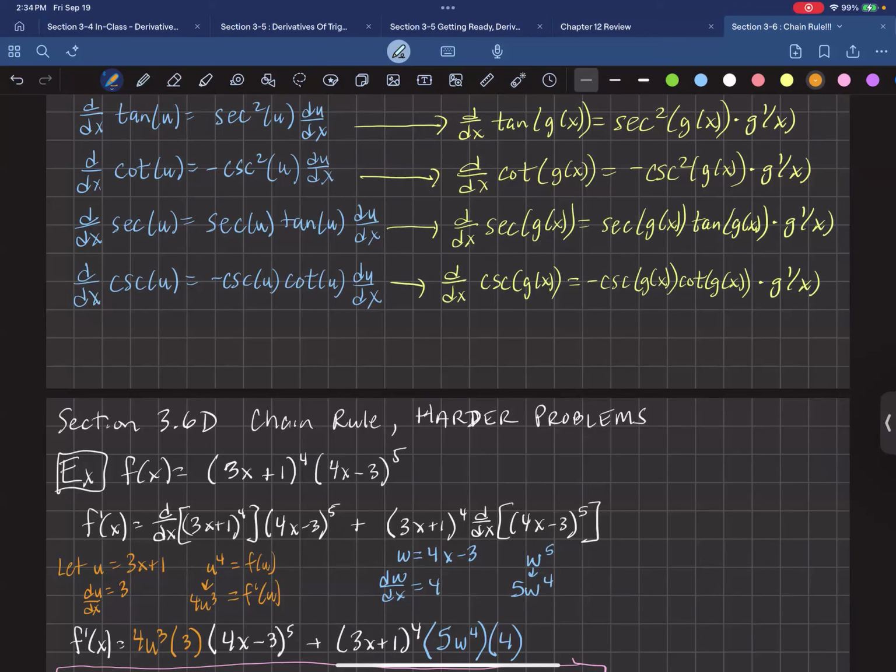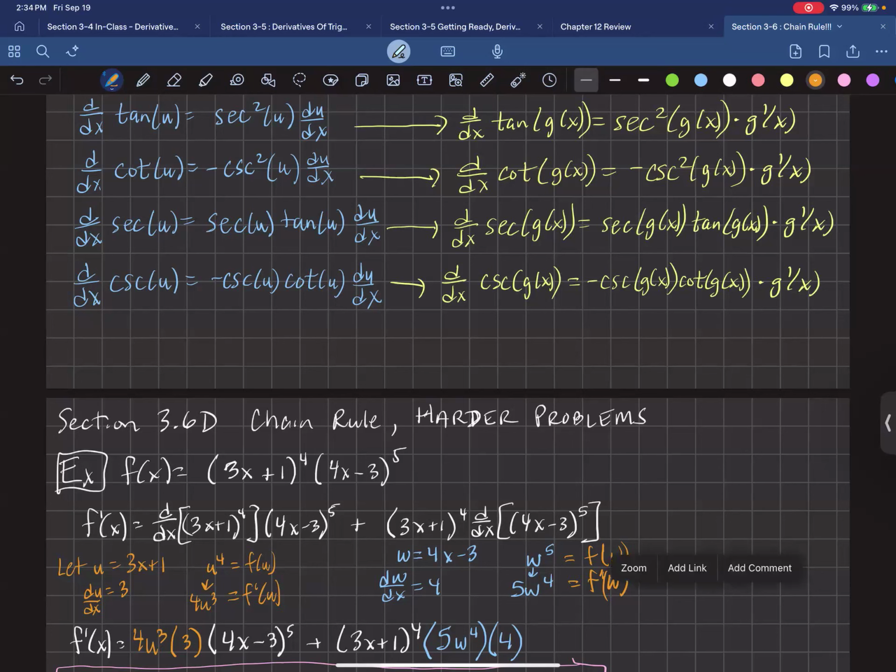And that makes my main function I'm dealing with there, this is like my f of w here. So this is like f prime of w, and I'm putting those together. So 5w to the fourth times 4, and then times the (3x + 1) to the fourth we already had.